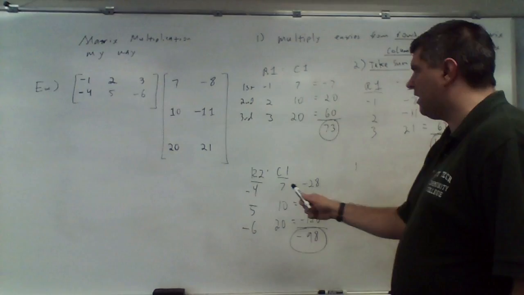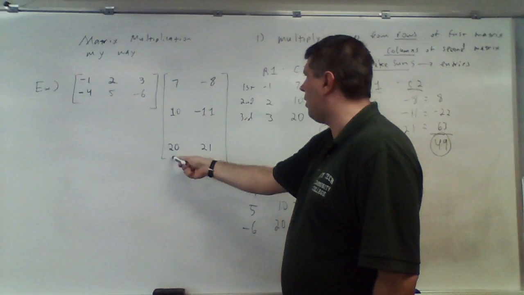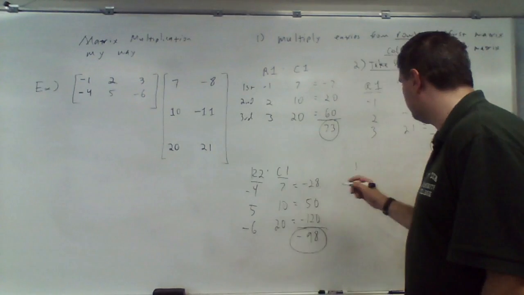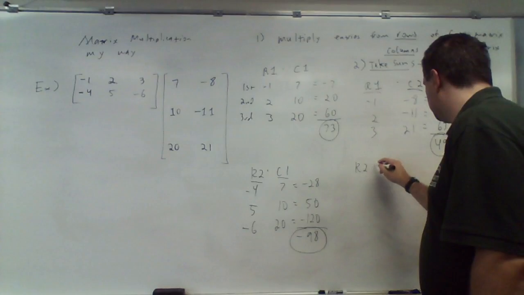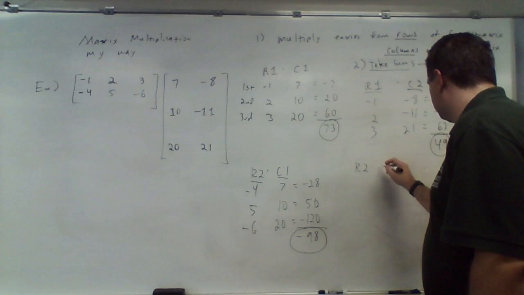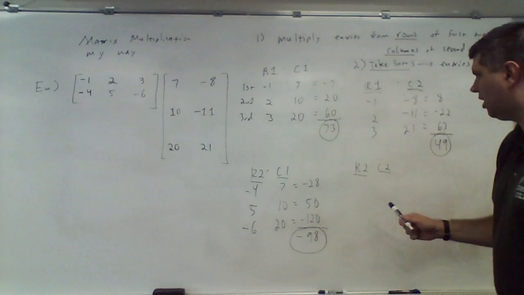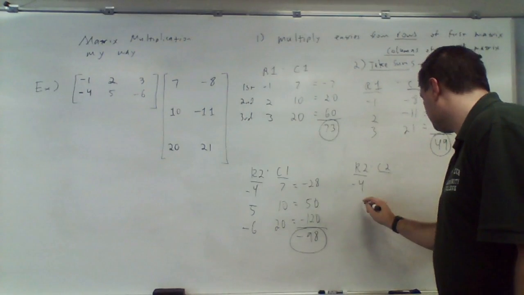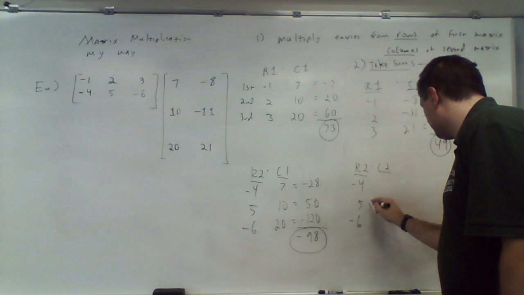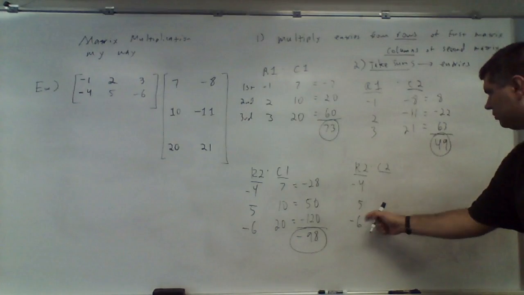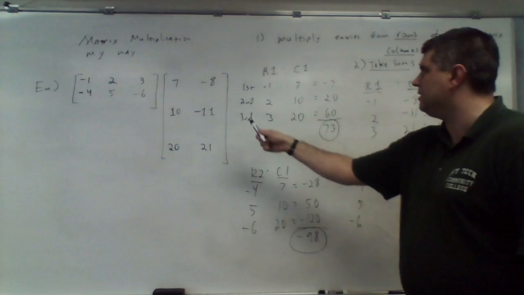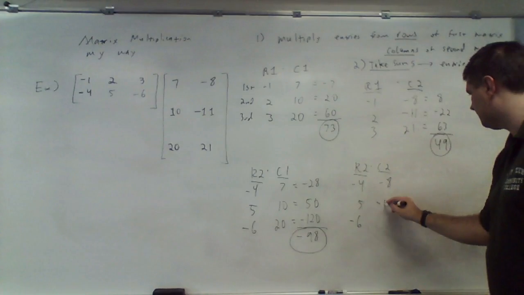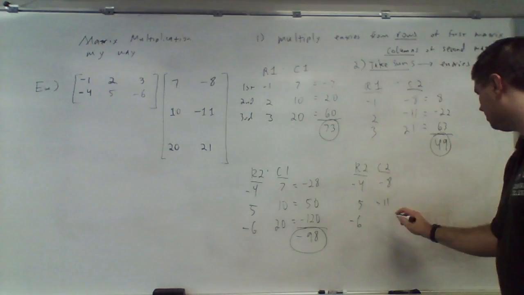And finally, now that I've done row 2 times column 1, now it'll be row 2 times column 2. So, first, second, third. Then first entry, second entry, third entry.